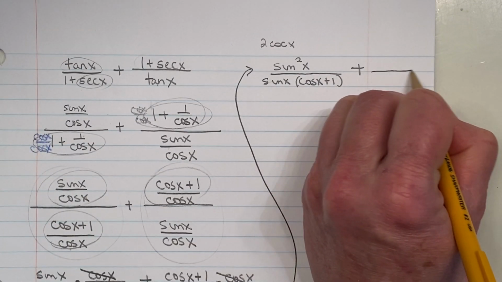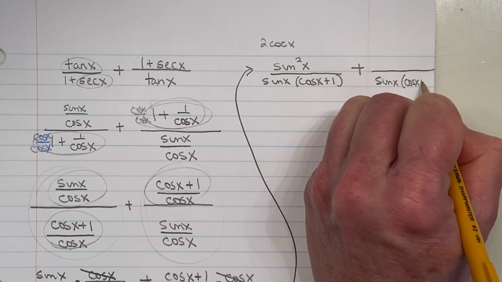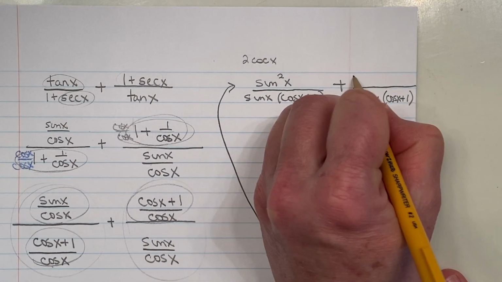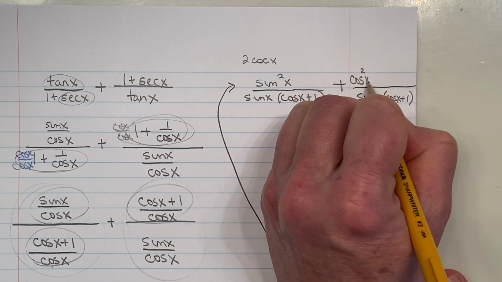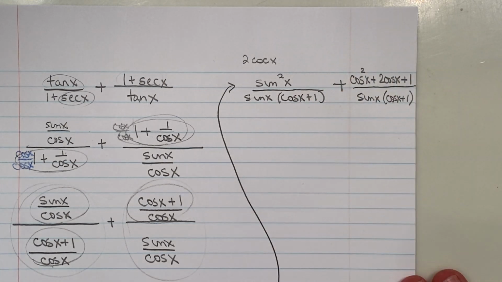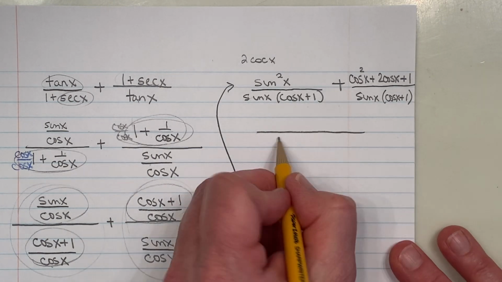All right, same denominator. The numerator, once FOILed, is cosine squared x plus 2 cosine x plus 1. Rewrite as a single fraction.